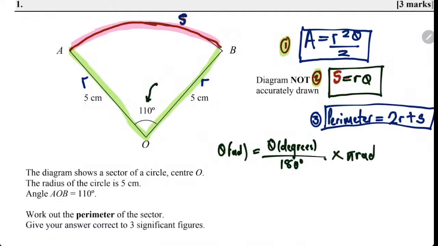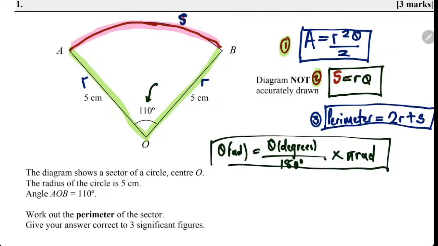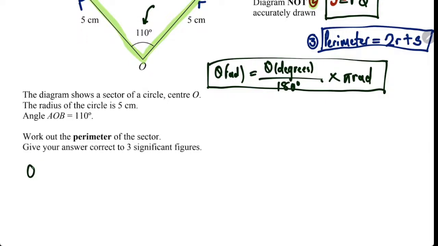So we're going to say first, theta in rad is equal to, what is our theta? 110 degrees. We do this before we start any working. We say 110 degrees divided by 180 degrees. Remember, divided by 180, so that you remove the degrees. Then you multiply by pi rad.